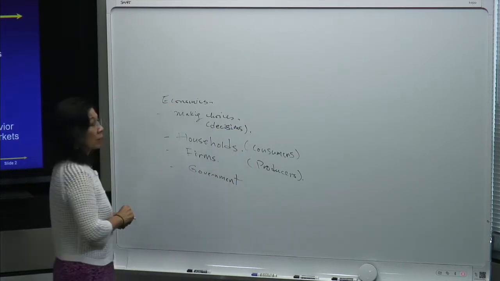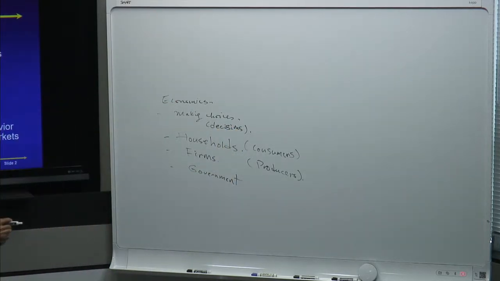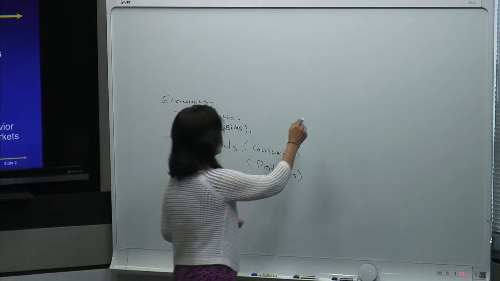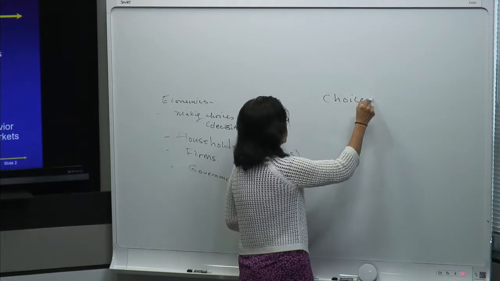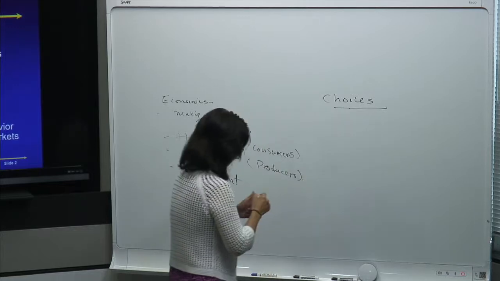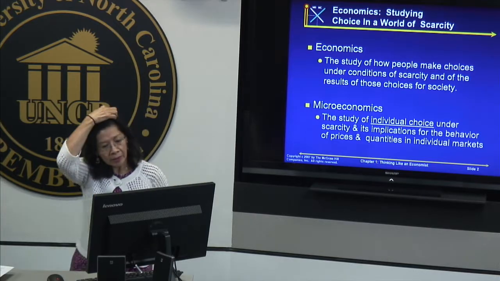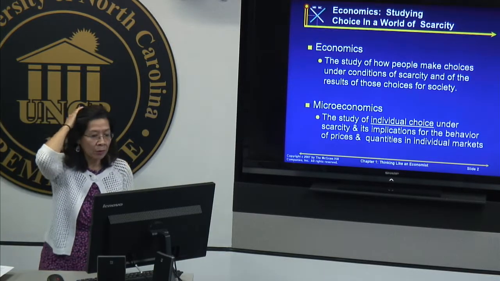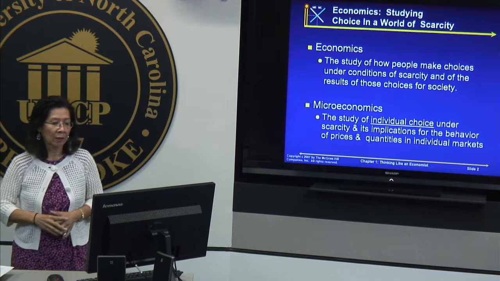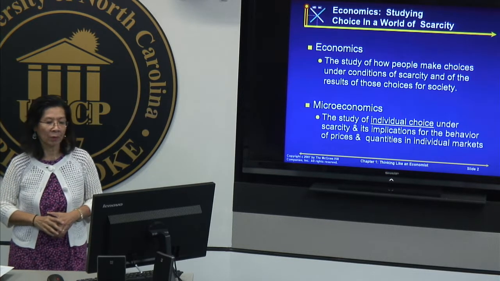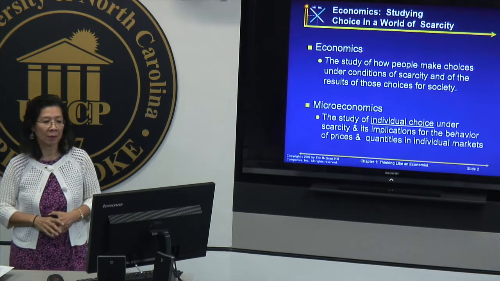Well, I tell you, when you make decisions, you have to have choices. You have to make choices. So for example, well, here it is. I'll come to that later. So microeconomics is the study of individual choice under scarcity and its implication for the behavior of prices and quantities in individual markets.